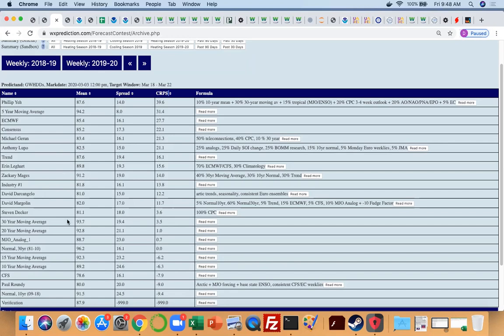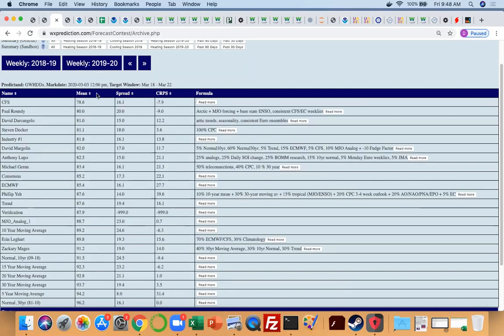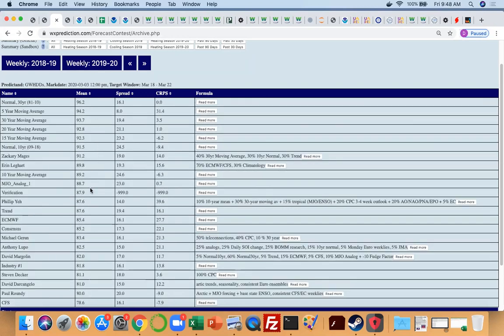The actual verification, remember, was a little bit north of what a lot of folks expected, the 87.9. There was definitely a split, with the CFS and EC a little bit warmer than it. So again, bottom line, I feel like the CFS, especially if you bias corrected it, didn't necessarily give you a good forecast for this period.